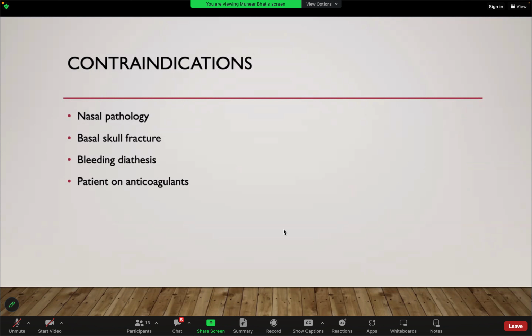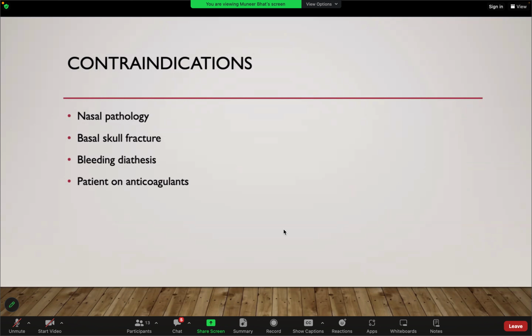So the questions from this topic could be: what is this picture, the nasopharyngeal airway; how you can estimate the size, from the tip of the nose to the tragus of the ear; what are the contraindications; what is the major contraindication, that is the basilar skull fracture, which is the major contraindication for putting this nasopharyngeal airway.